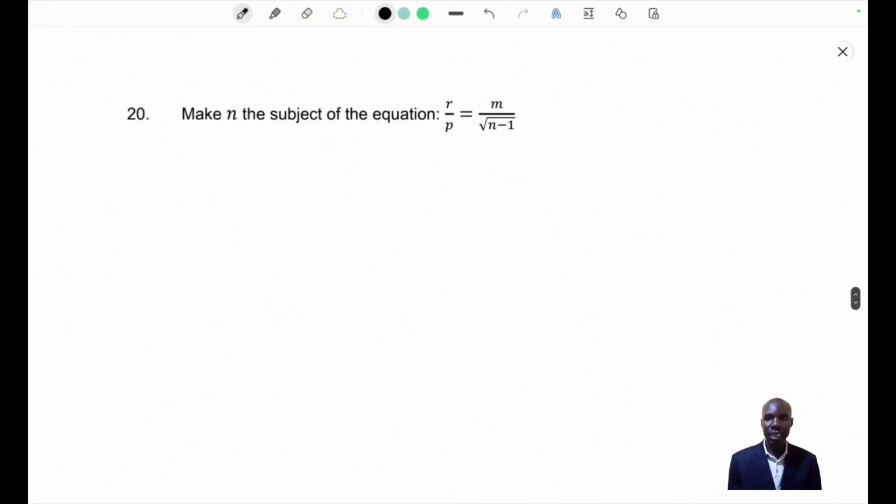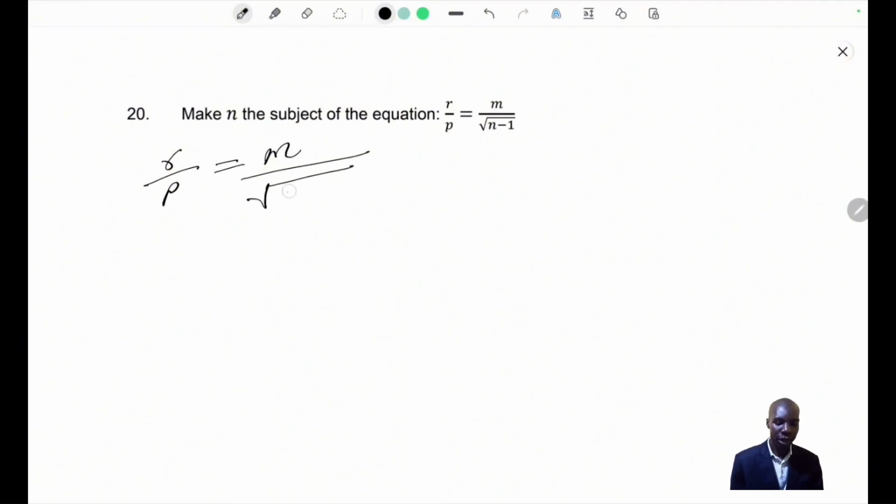Number 20. Make N the subject of the equation. We have R over P equals M over root of N minus 1.